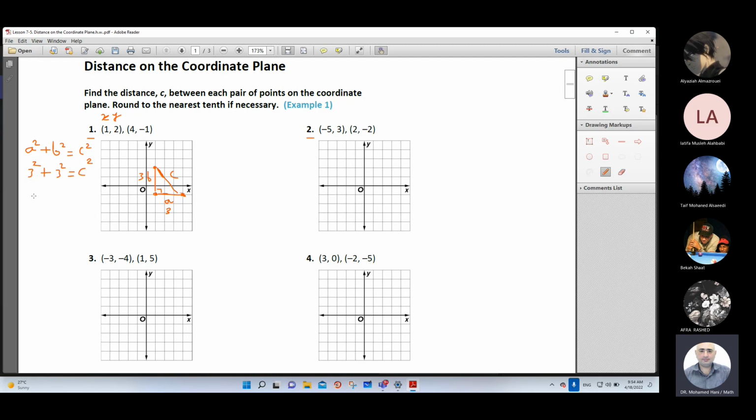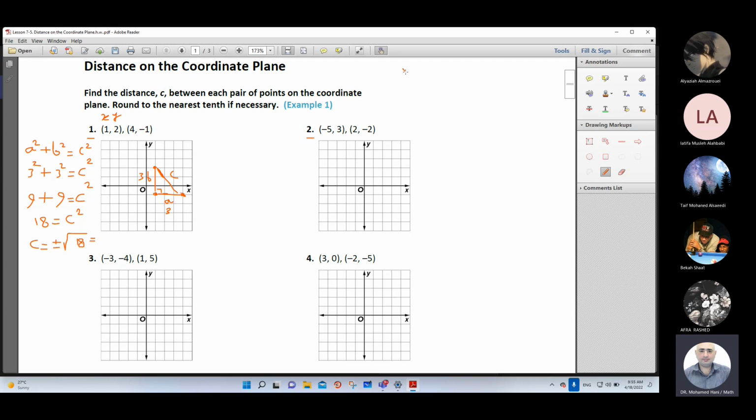So 3 squared means 3 times 3, which is 9, plus 3 squared, also 9, equals c squared. So 9 plus 9 is 18, equals c squared. So c equals plus or minus the square root of 18.